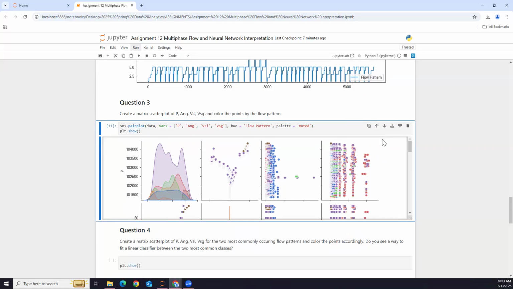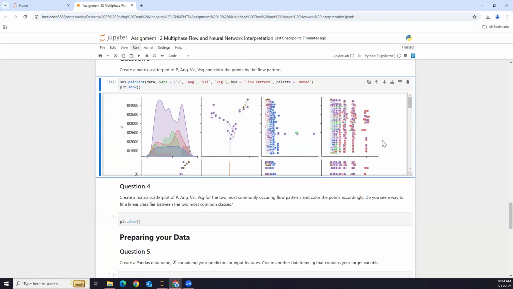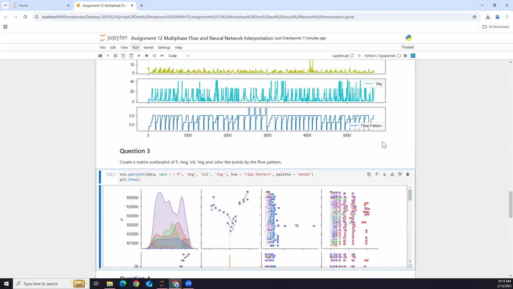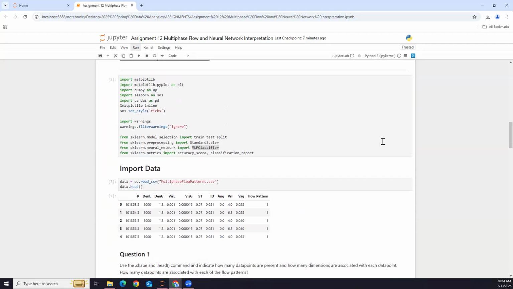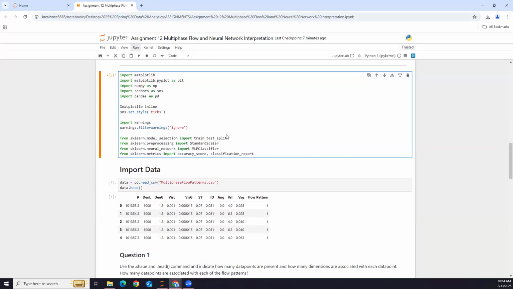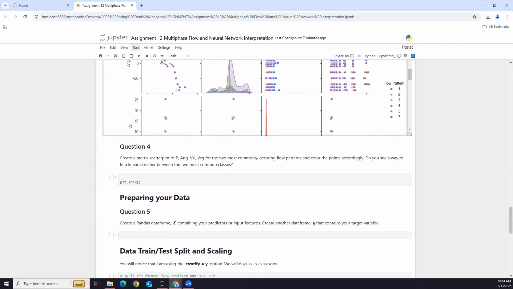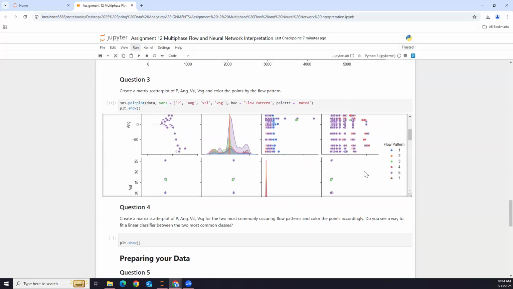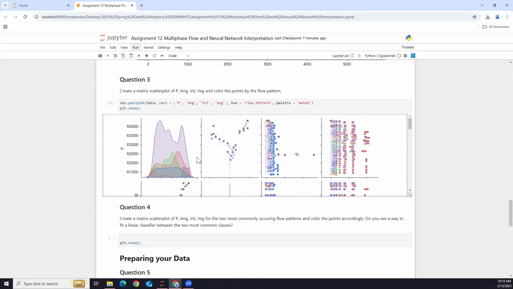And there we go. So what we have here is, I thought I also put matplotlib inline. Okay, there it is. Okay, I do have my flow patterns over here. I have the different input variables.